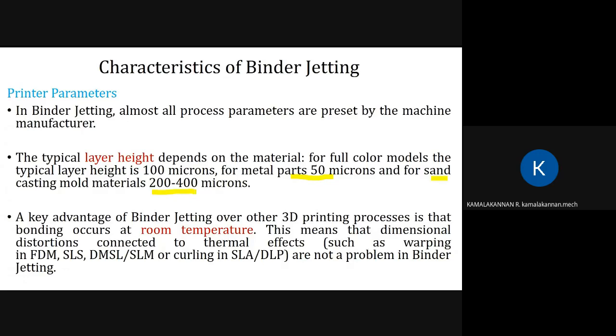Okay, the important advantage compared to other types of technologies is that we are not bonding the powder material at a higher temperature. It happens at room temperature, so distortion due to thermal effects is not possible.